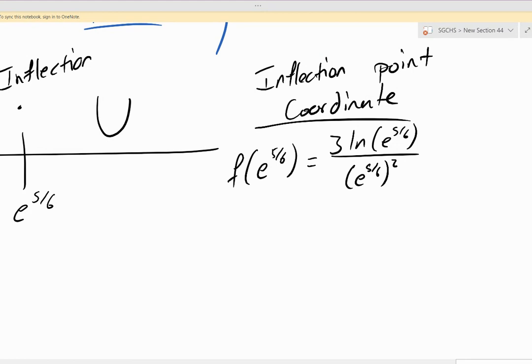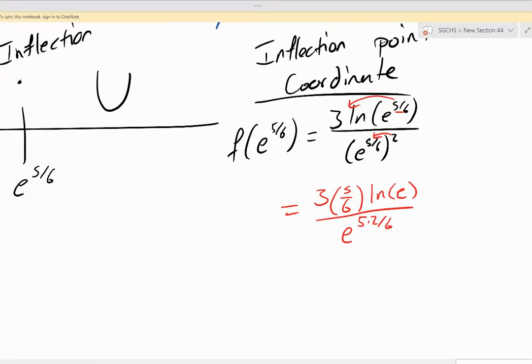And now from here, we just apply some log rules and exponent rules. So we can take out our exponent. We can multiply in our exponents. It's in the power to a power. And that will give us 3 times 5 over 6 ln of e, dividing, and this will become e to the power of 5 times 2 divided by 6.